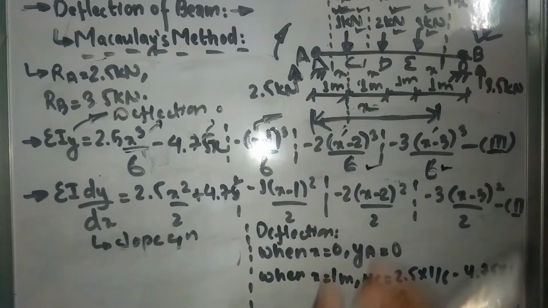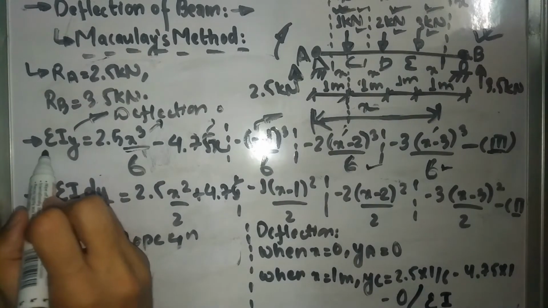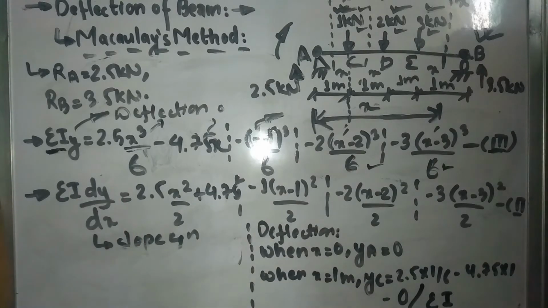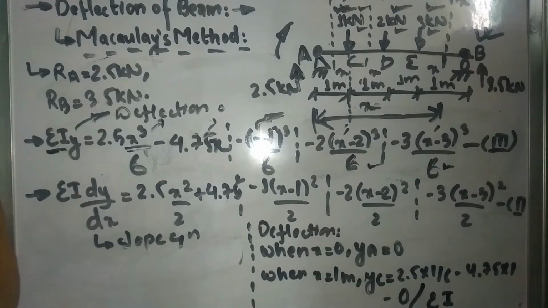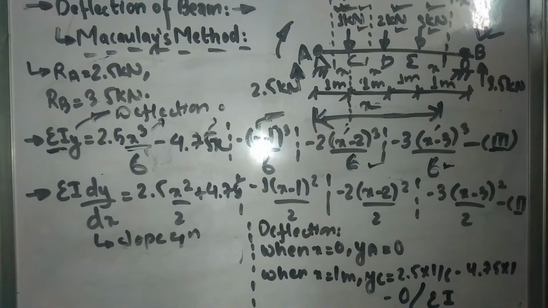Whenever we get a term that is negative, we ignore it. So EI, our flexural rigidity, is on the left-hand side, and we get EI yC equals 2.5 into 1 cube by 6 minus 4.75 into 1, so the deflection at point C is equal to minus 4.33 divided by EI.